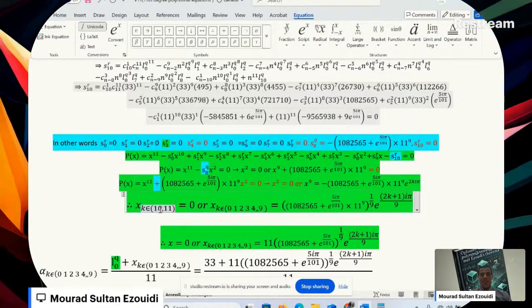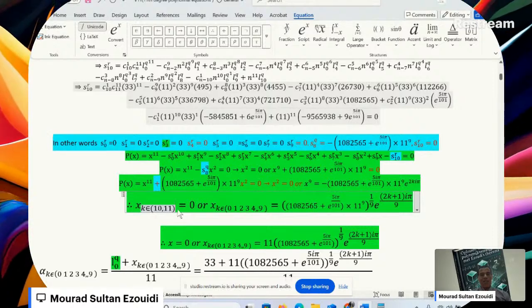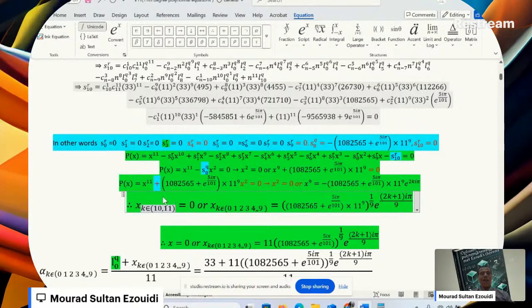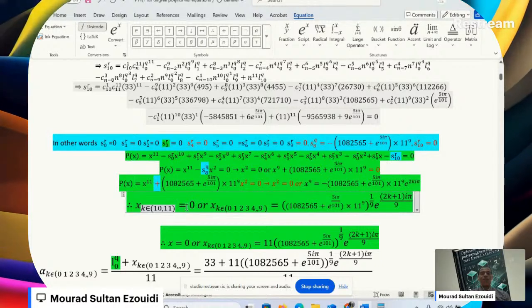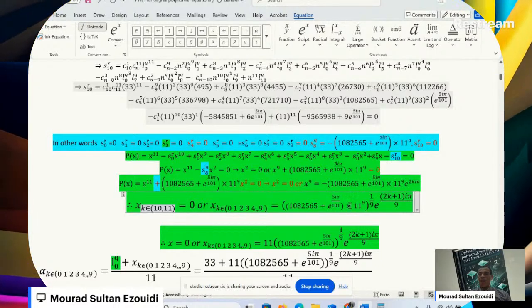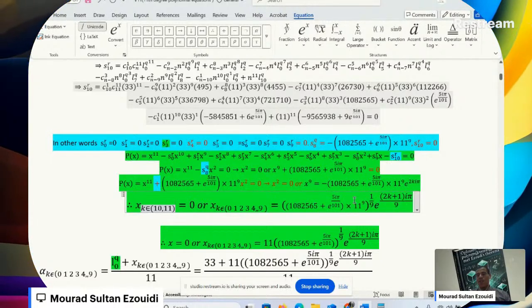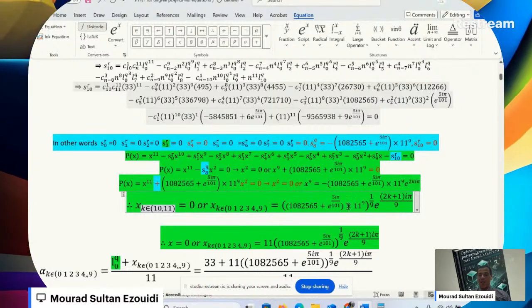And these x subscript means x10 or x11 equal 0. These are called x roots of this new 11 degree equation. These also are called x roots of this new 11 degree equation.